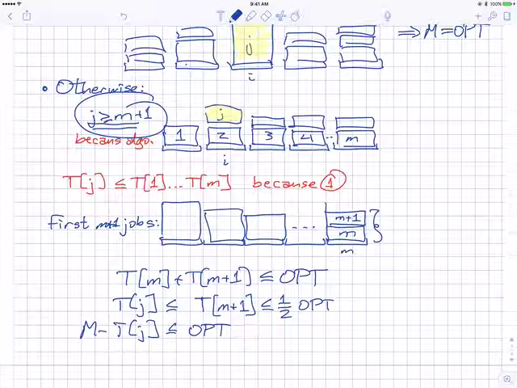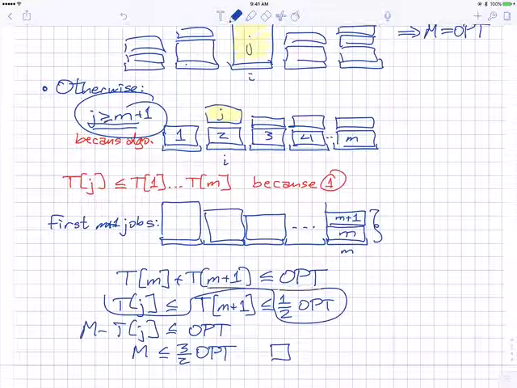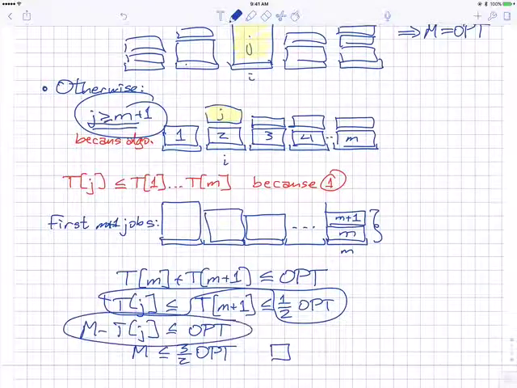That we proved before. The earlier analysis still holds, and so I conclude that m is less than 3/2 of opt. And again, I'm just adding up this inequality and this inequality to get that. Okay?